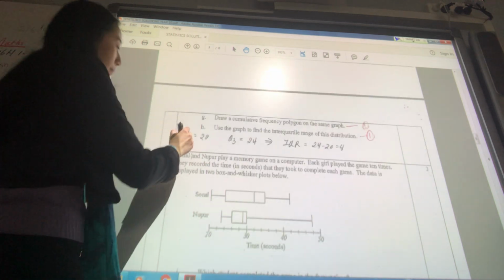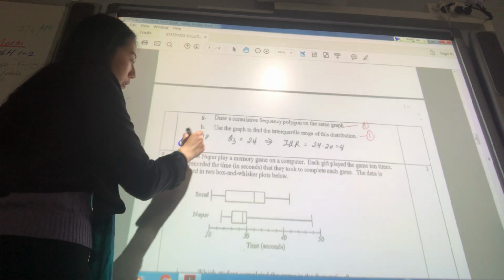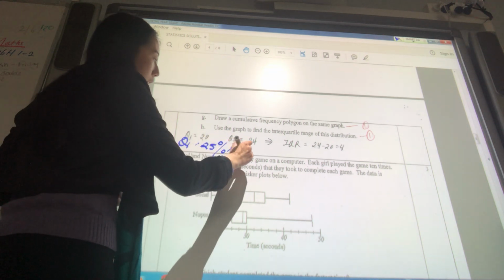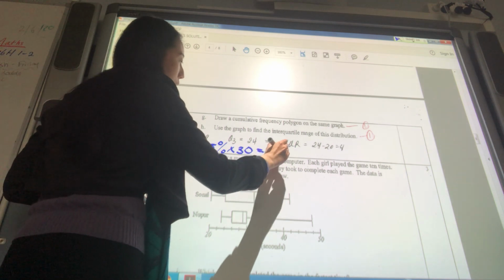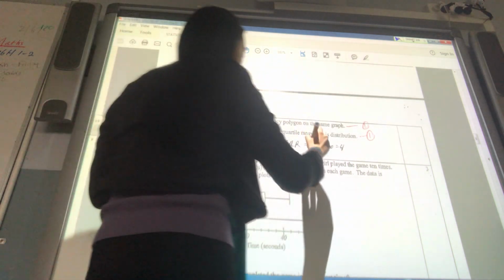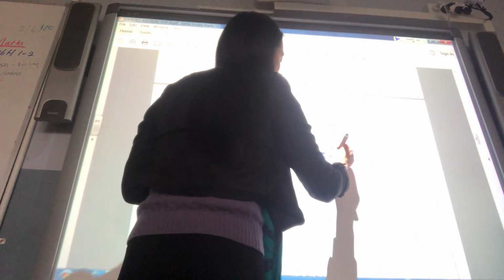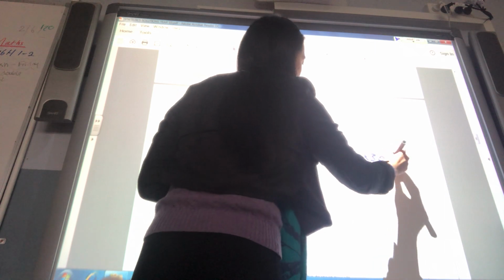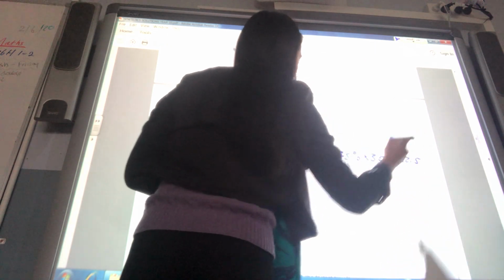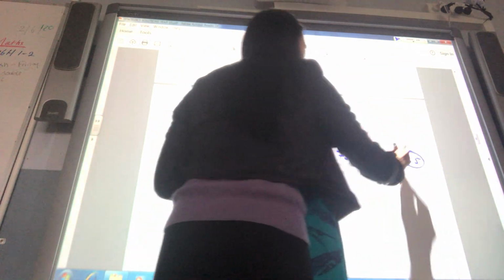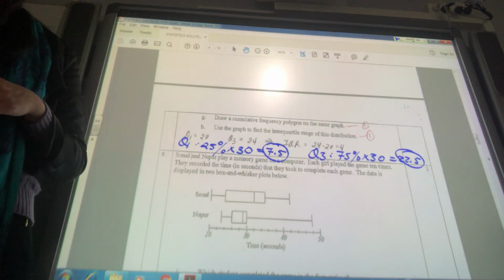So for Q1, the position should be 25% times 30. This will give you 7.5. And then you go to the graph and you look at where 7.5 is. And for Q3, you do 75% of the 30, which is 22.5. This is where I got these two numbers from, and they stand for the position of your Q1 and Q3.